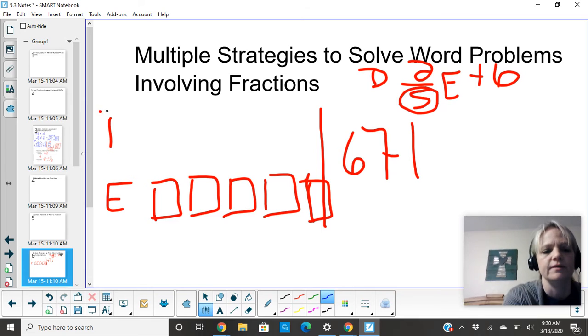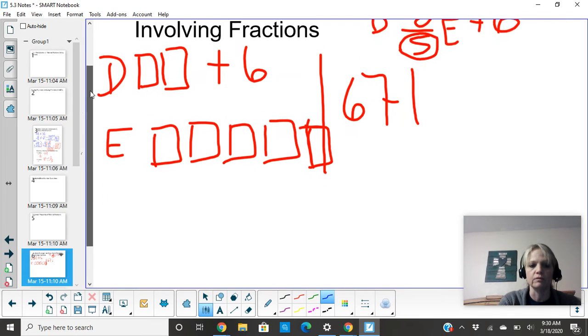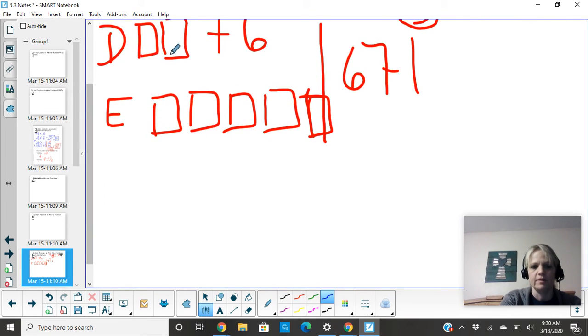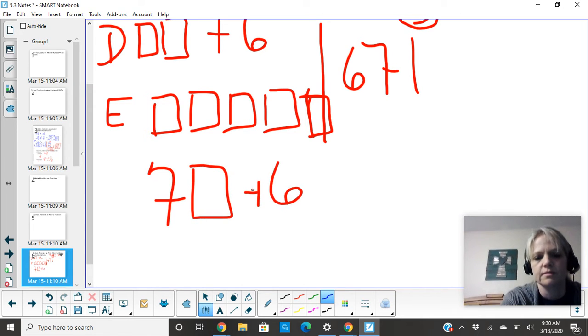And so David is only going to have 2/5, plus he has 6 more. So if we can translate these problems into a model like this right here, then here we have 5/5 plus 2 more. So that's going to be 7 of those little portions. 7/5 plus 6 equals 671.